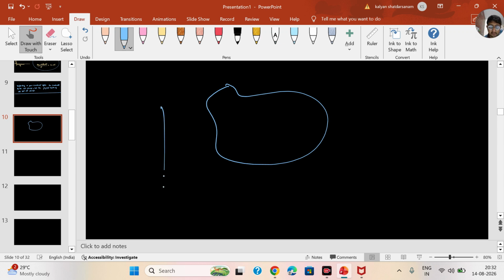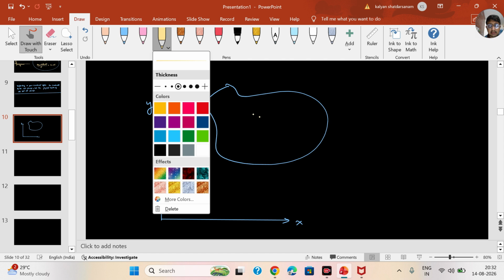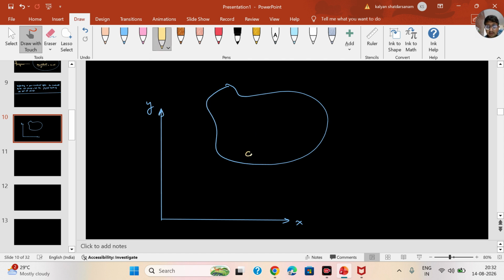So what we will do, first coordinate system should be there. So I've got my x-axis and I've got my y-axis. You take a small elemental mass which I call as dm. Okay, we will see how to take it as we do many problems in this chapter. We will for the first time possibly understand how to take an element and then how to do integrations and all that.